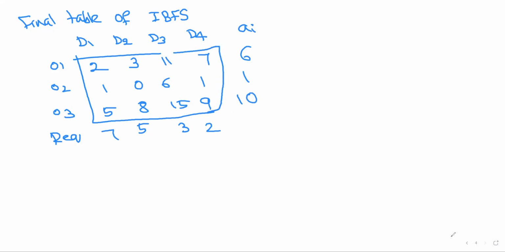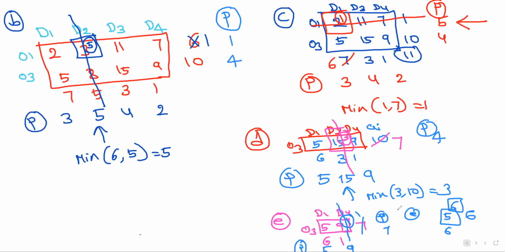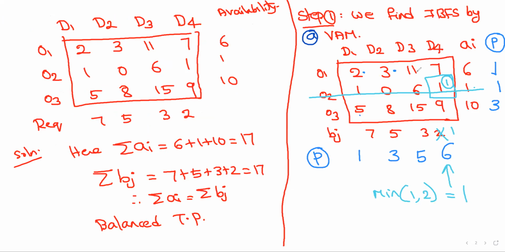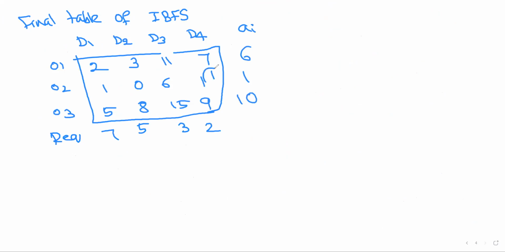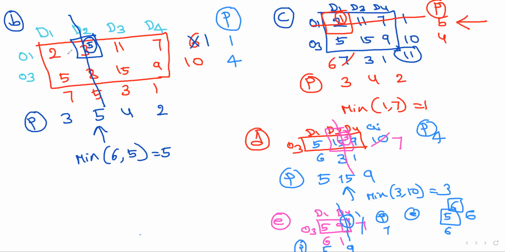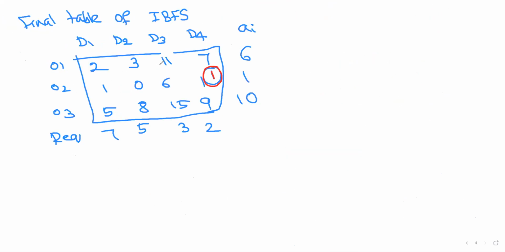Let's count with the values. Step 1 we have, here we give O2, D4, 1. O2, D4, 1 we get here. Step 2, O1, D2, 5. Here I give 5.